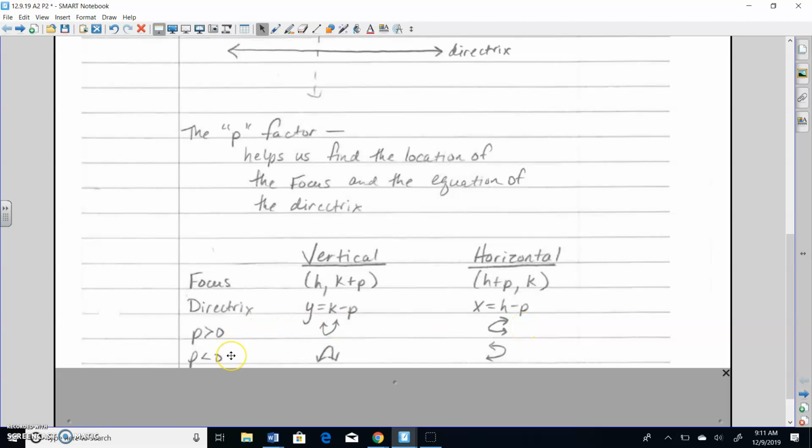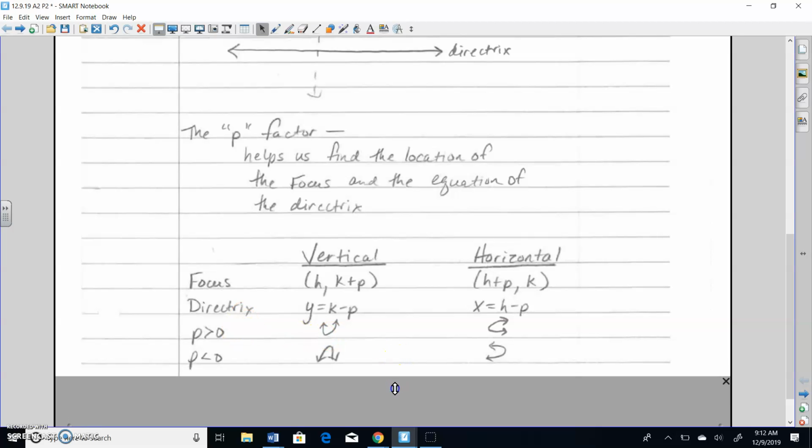If P is less than 0, which would mean it's a negative value, then if the x is squared, it will open down. If our y is squared, that means it's a horizontal parabola and it will open to the left. So P helps us find the focus and the directrix and tells us which way our graph will open up.